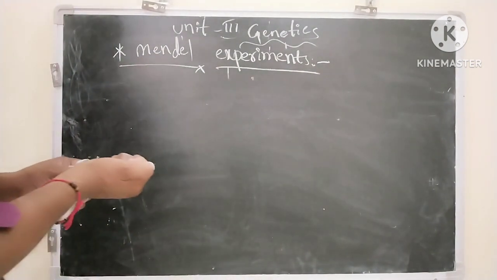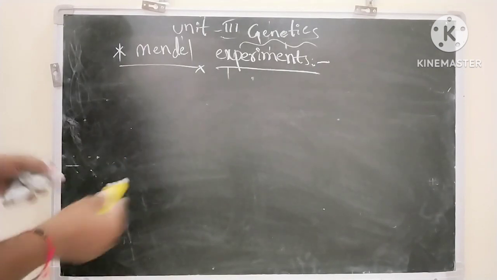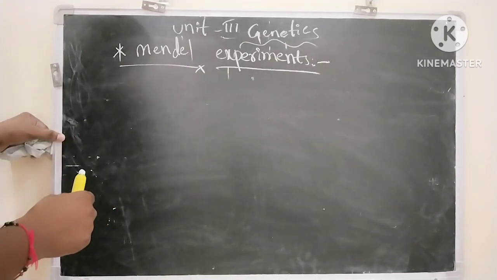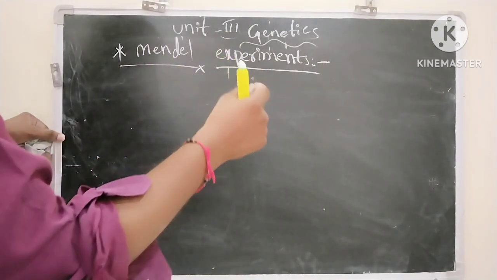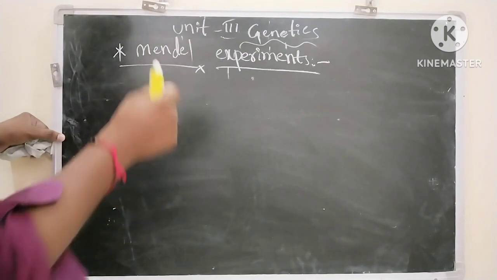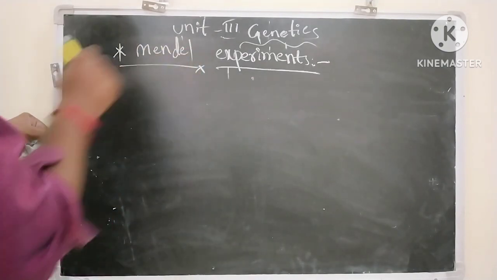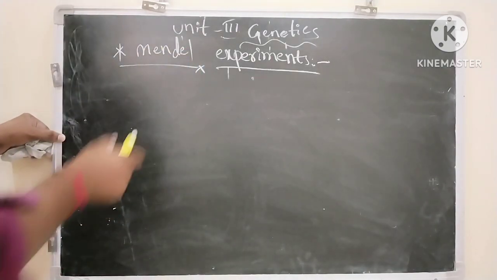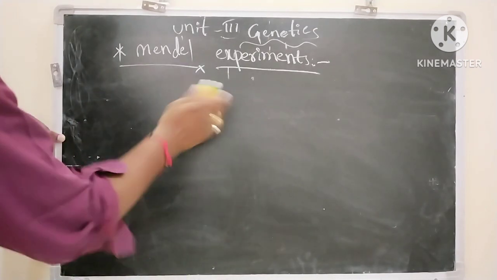Mendel selected 14 contrasting pairs. For each character there are 2 contrasting traits, and these are the 7 characters he selected.